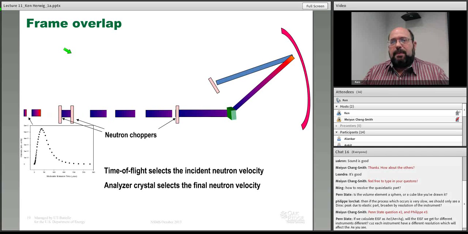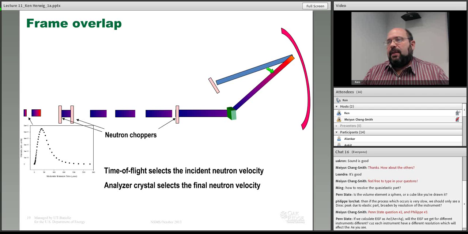And we chop them into smaller pieces so that by the time the tail of the preceding pulse hits the sample and all the analysis happens and we measure it at the detector, the leading edge of the trailing pulse is just ready to hit the sample.